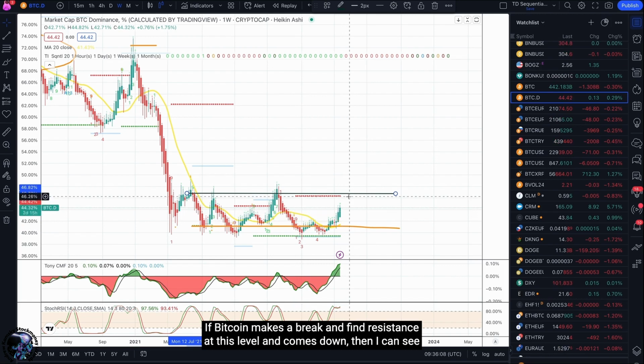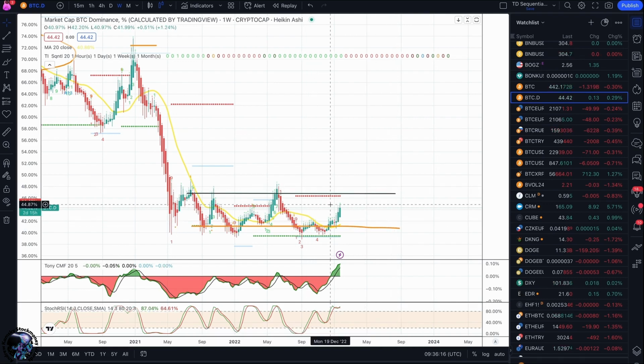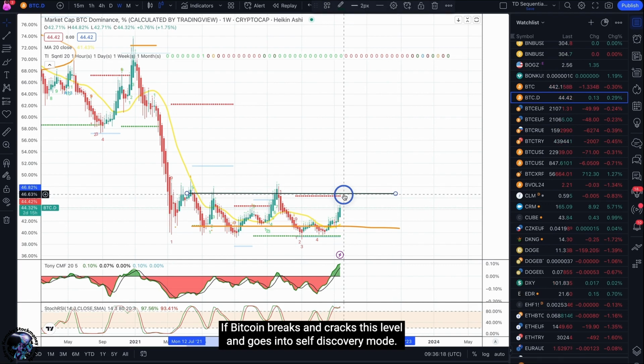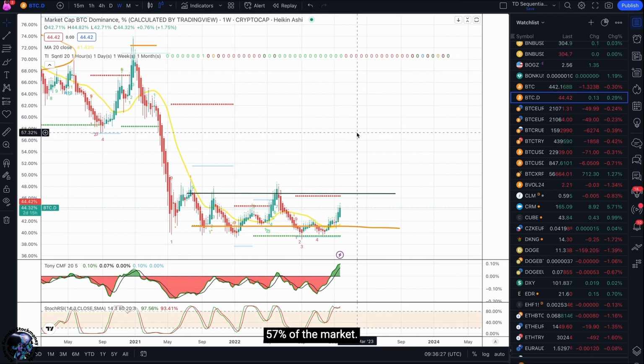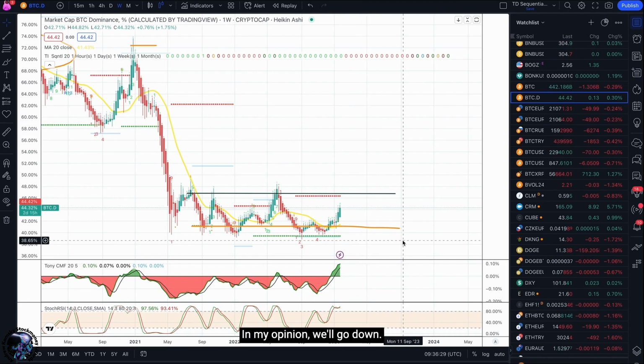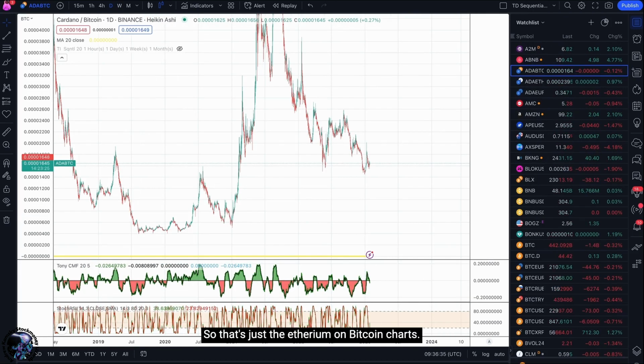If Bitcoin makes a break and finds resistance at this level and comes down, then I can see Ethereum versus Bitcoin chart moving higher. If Bitcoin breaks and cracks this level and goes into price discovery mode and takes 57% of the market, Ethereum, in my opinion, will go down versus Bitcoin. Cool. Okay, so that's just the Ethereum Bitcoin chart.